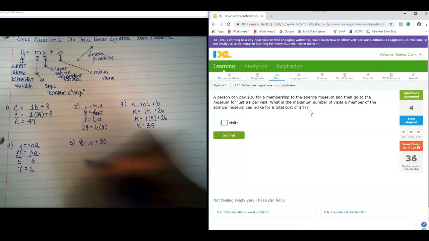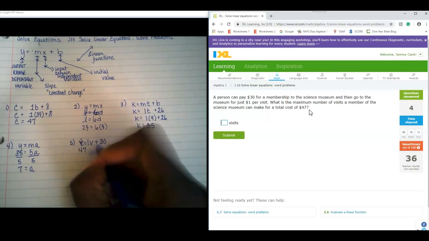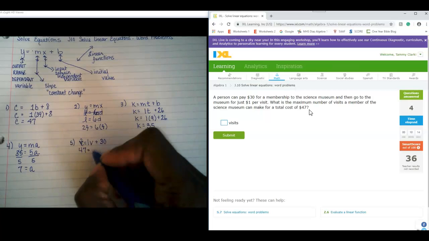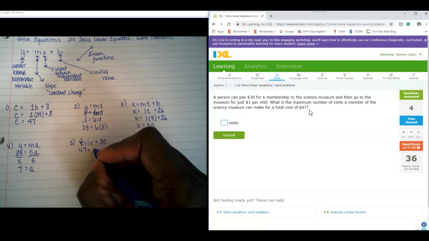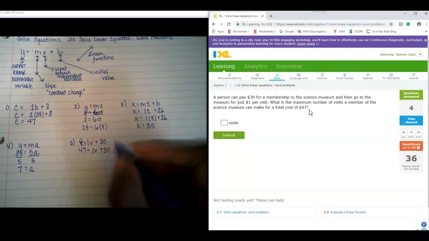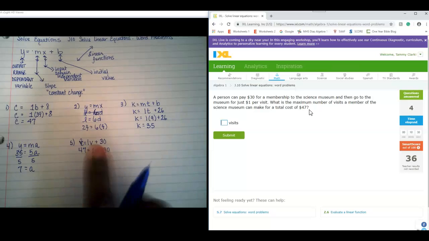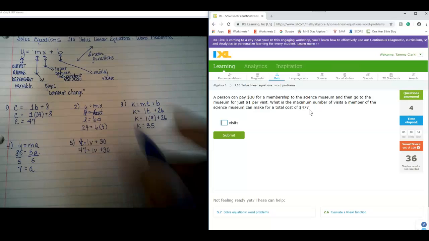So if the total cost is $47, and we know that a person can pay $1 per visit plus the $30 they've already paid, well, by inspection, I know that I'm going to need to add $17 to this.